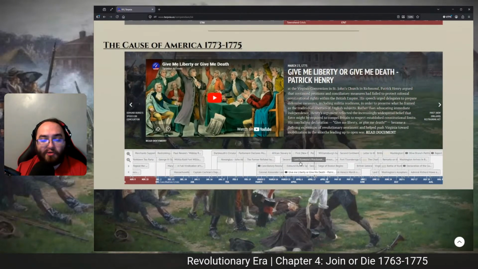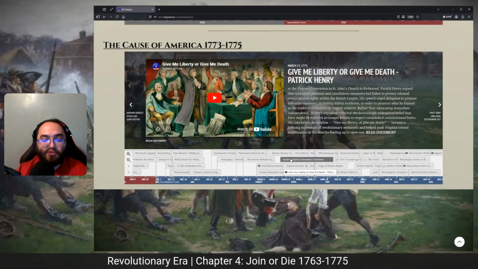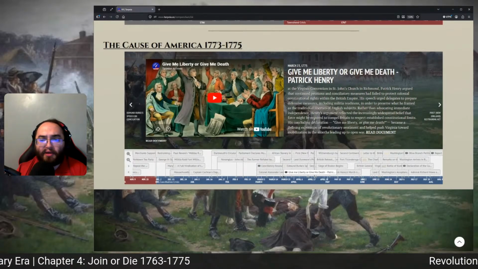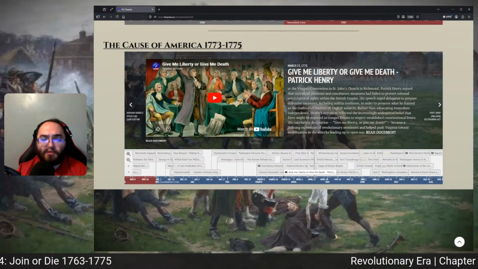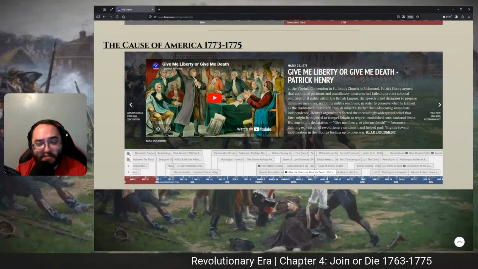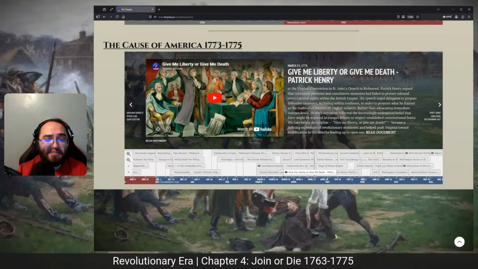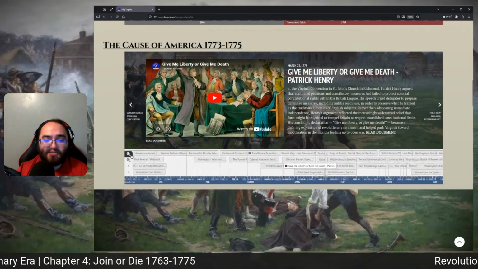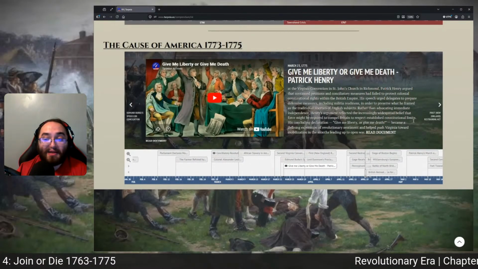And it is during the Second Virginia Convention, at least around there, that Patrick Henry gives his "Give me liberty or give me death" speech. So this shows you the context of that happening.